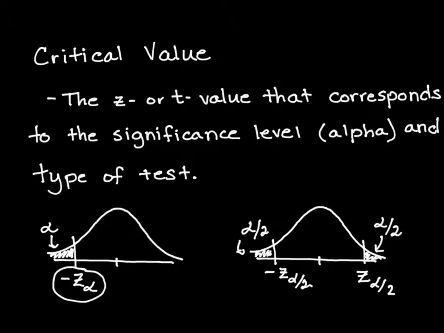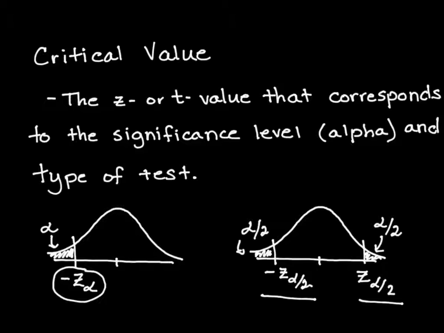In a two-tailed test, we have alpha divided by 2 in both the left and the right-hand tails, and so we have negative z sub alpha over 2 and positive z sub alpha over 2. So we're going to have two critical values in a two-tailed test. Sometimes you just have the one critical value, and that's going to be z sub alpha or negative z sub alpha, or maybe t sub alpha or negative t sub alpha.